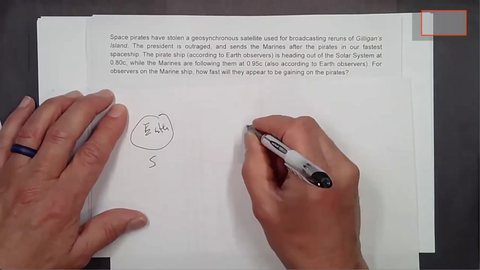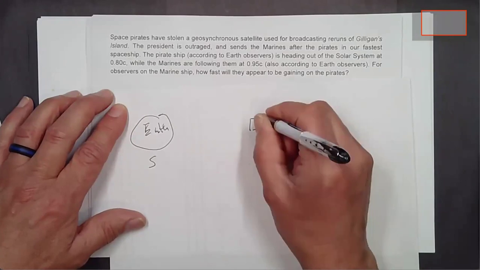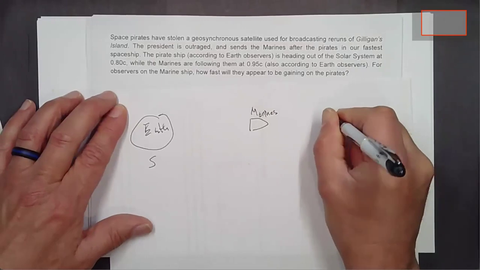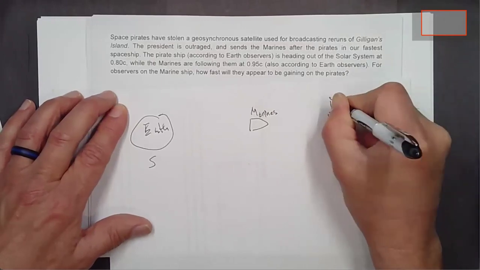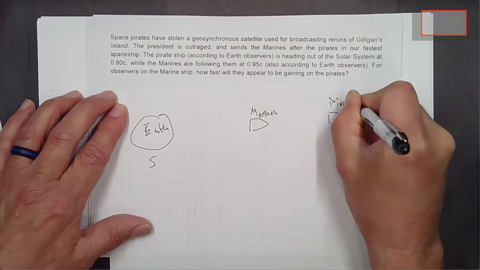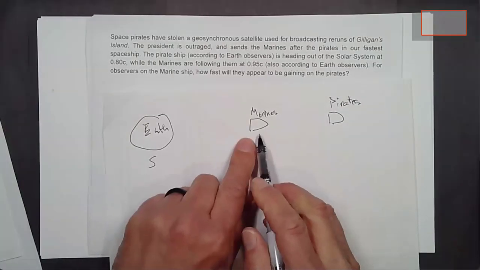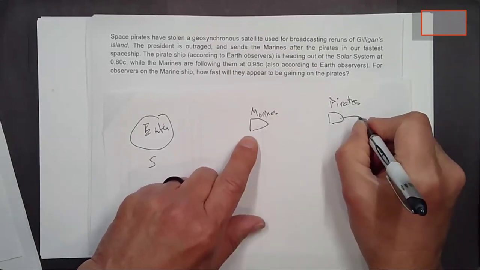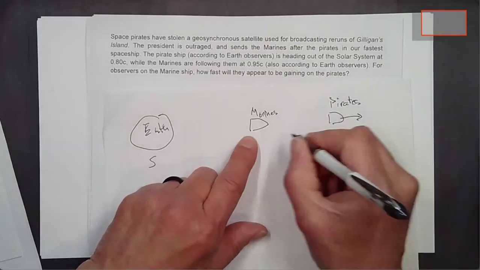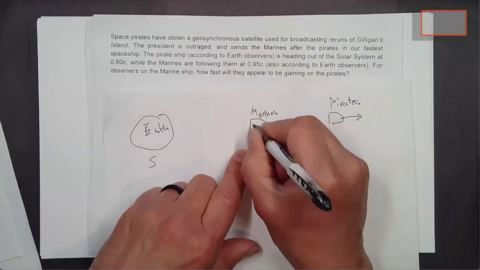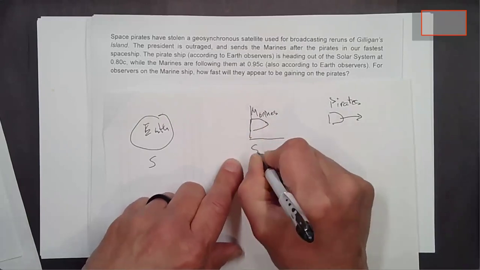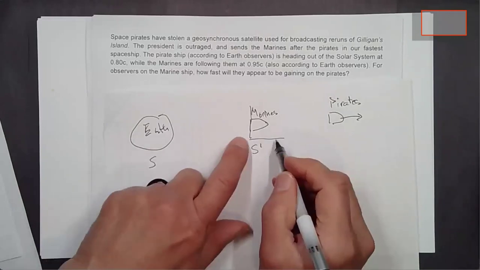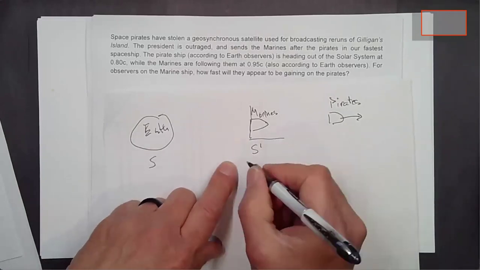And then we'll have a Marine ship that's gaining on the pirates, and I'm going to have this be the S prime system. So we want to know the speed of the pirates relative to the Marines. And the S prime coordinate system is moving in that direction at 0.95 C.